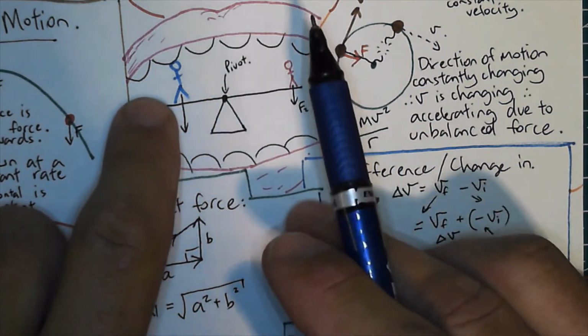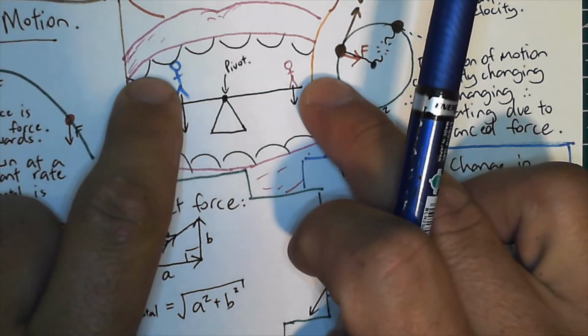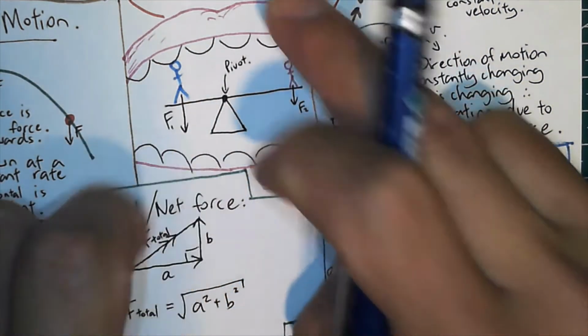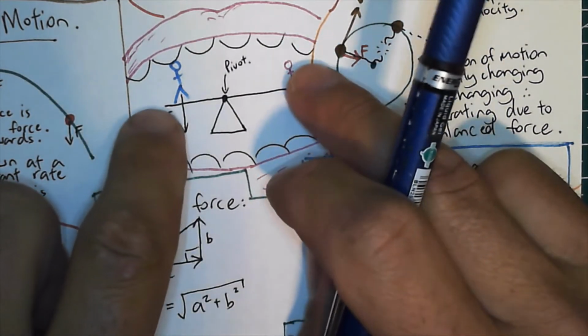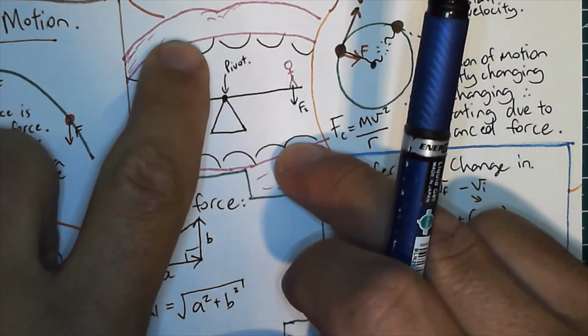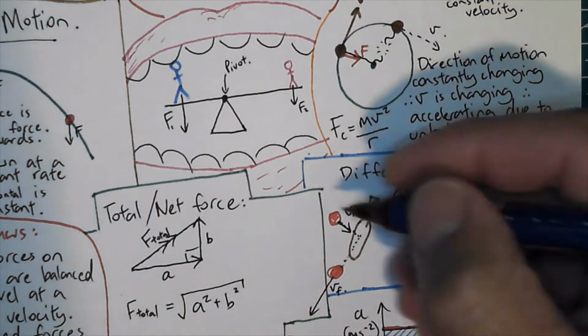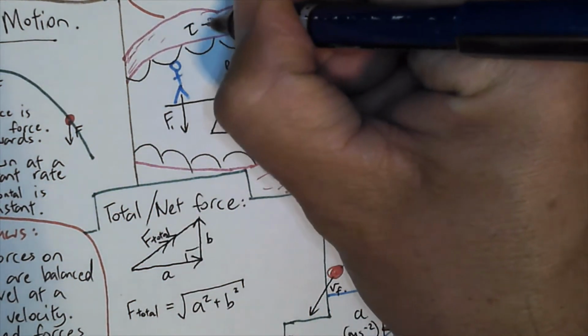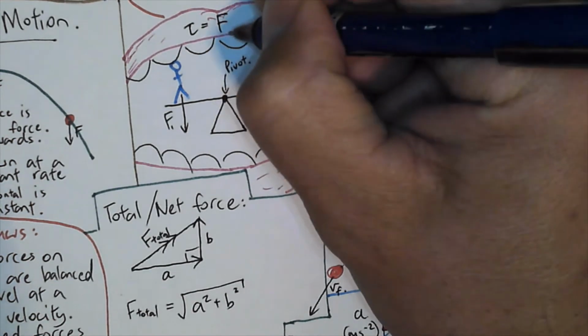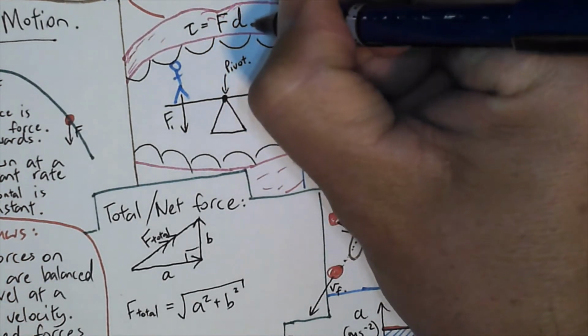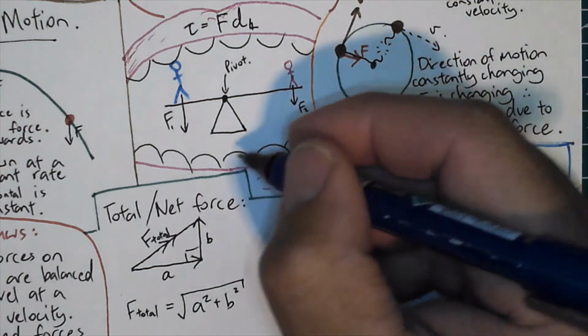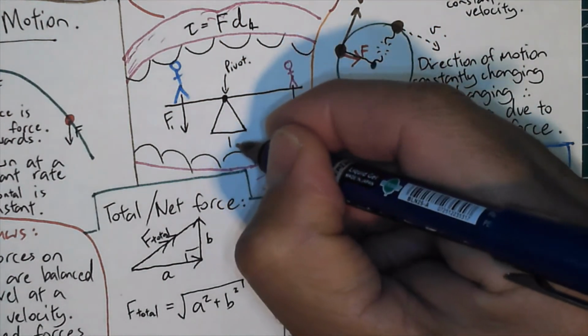This force on this side is trying to rotate the seesaw in this direction, and this force on this side is trying to rotate the seesaw in this direction. Both of these forces are creating what is called a torque, and a torque is equal to force times the right angle displacement from the pivot point.